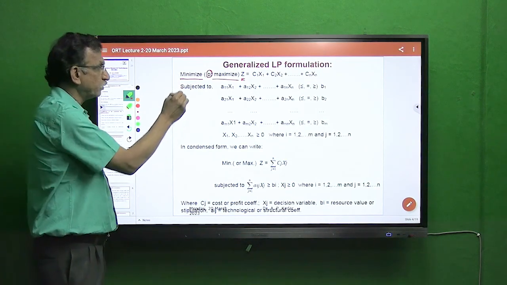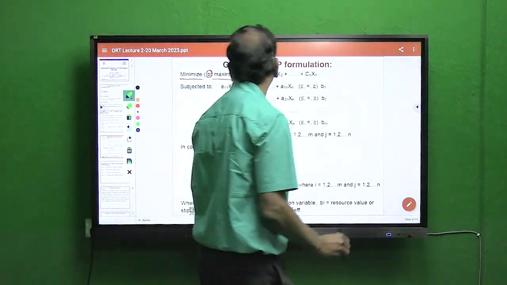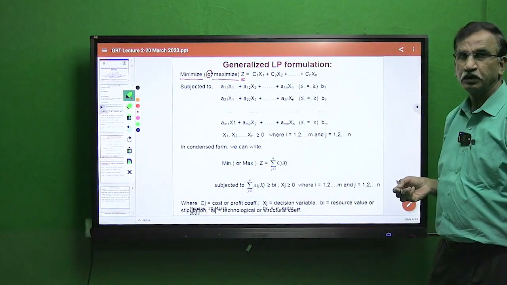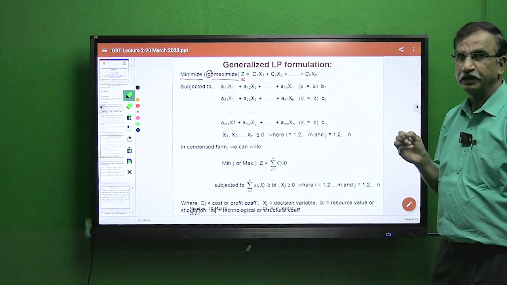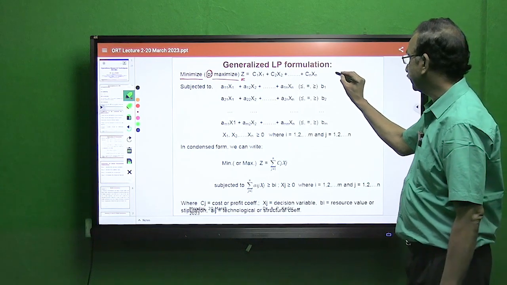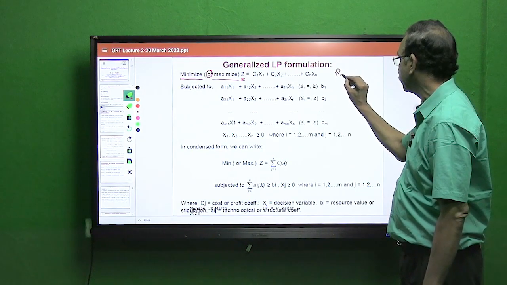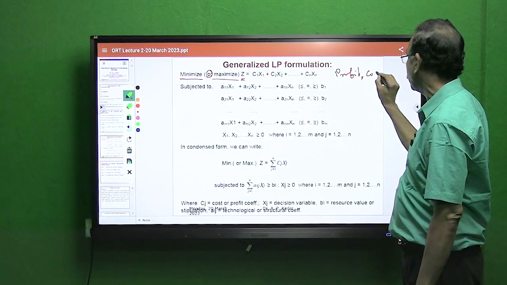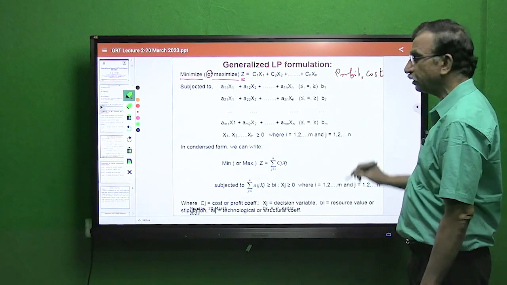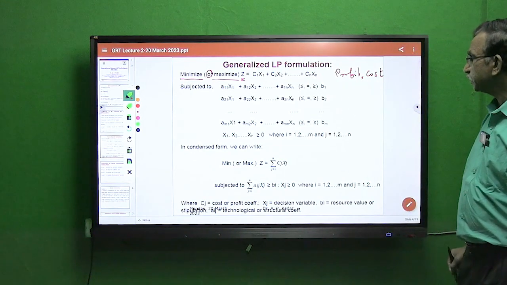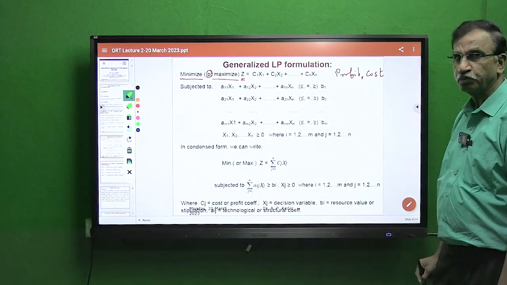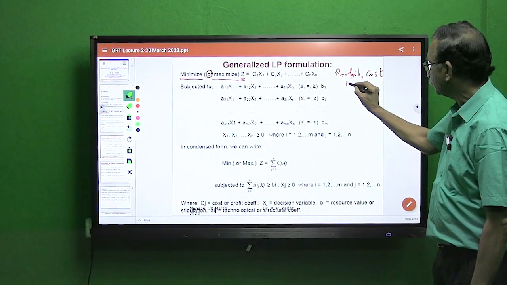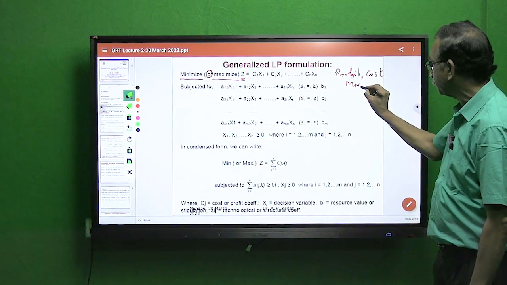This particular objective function, maximize or minimize, depends on the target, whether my target is, say, profit or my target is, say, cost. If it is a problem pertaining to profit optimization, my intention will be to maximize profit.